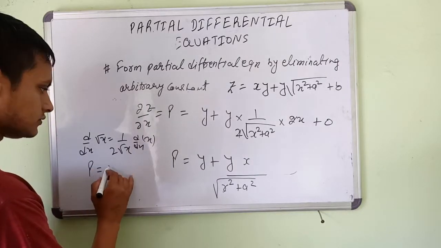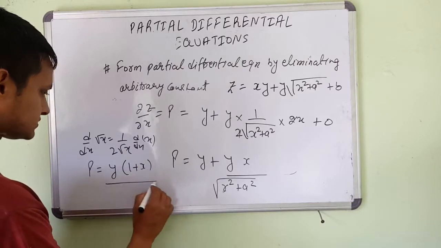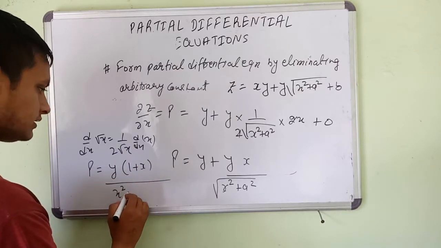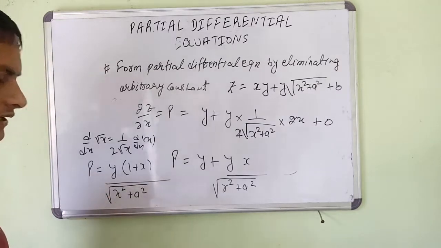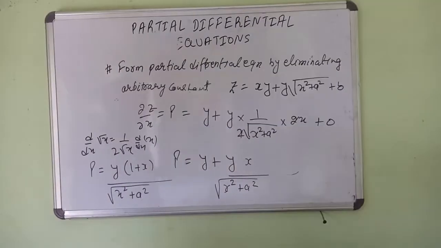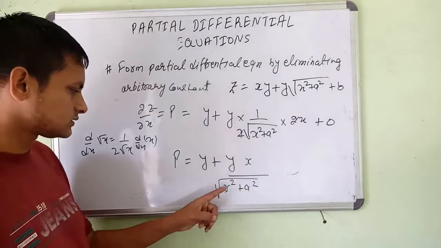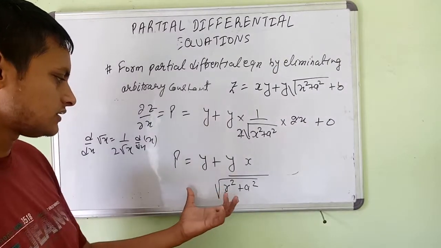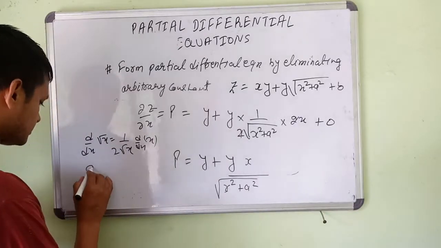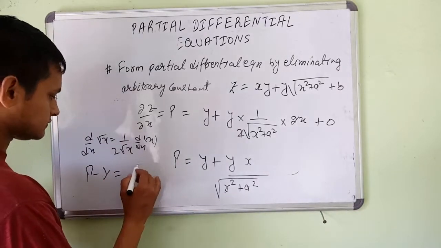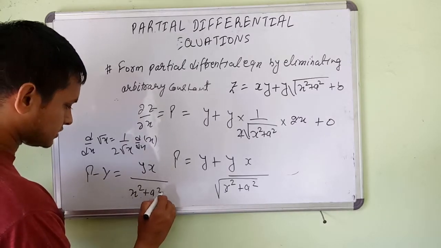So p is equal to y, 1 plus x divided by x squared plus a squared. So this is wrong, because the x squared plus a squared is not in the base for this y. So p minus y is yx divided by x squared plus a squared.